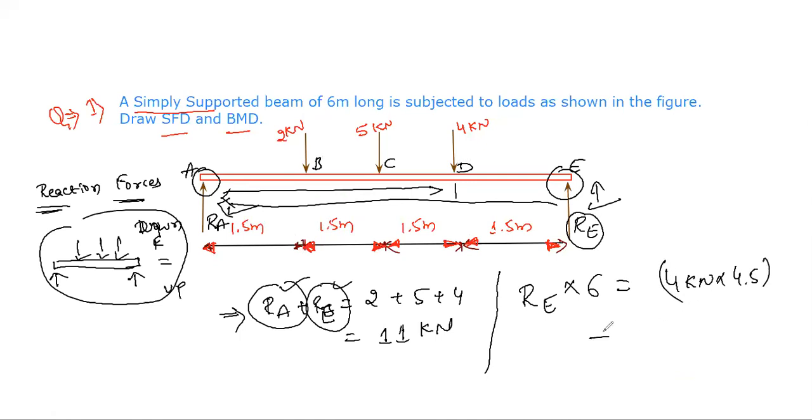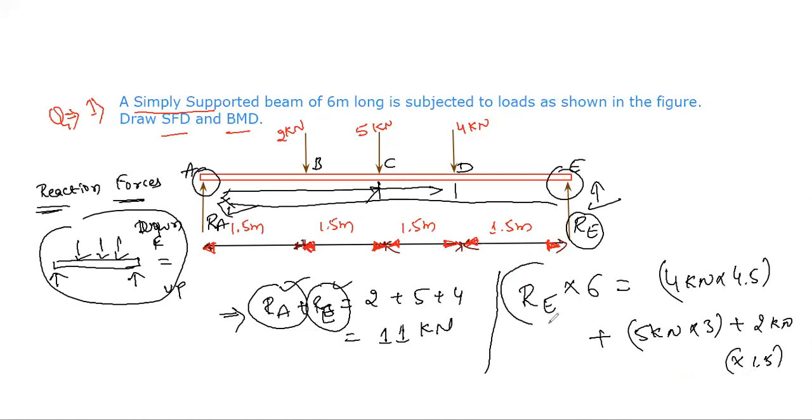Next, plus we have this force, 5 kilonewton. At what distance? From here to here, it is 3 meter. Next, here we have one more point load, which is 2 kilonewton into the distance 1.5.